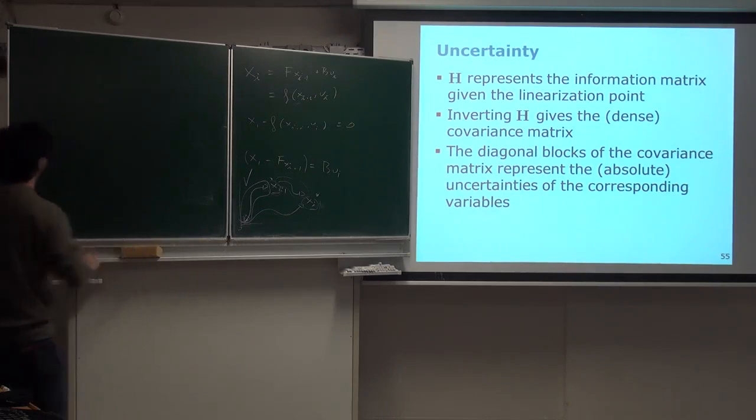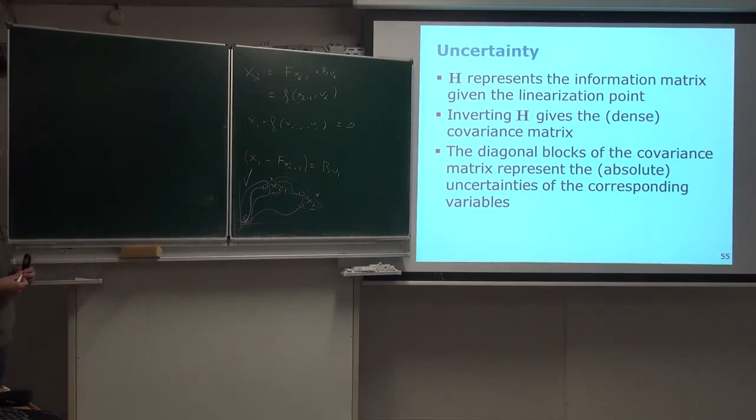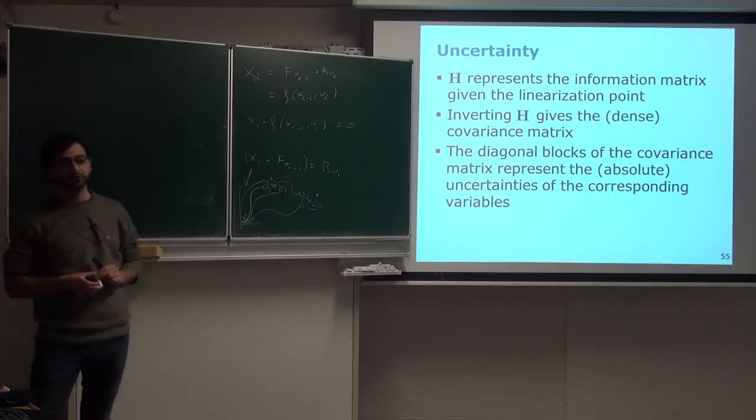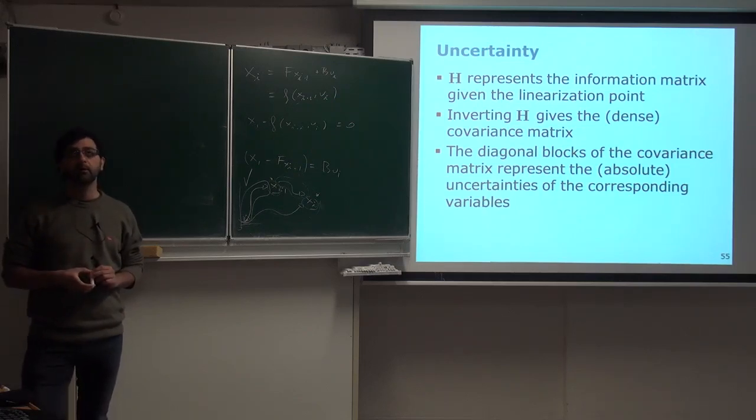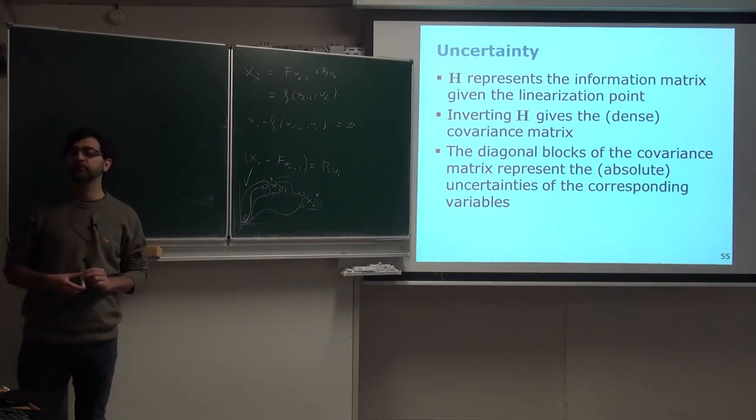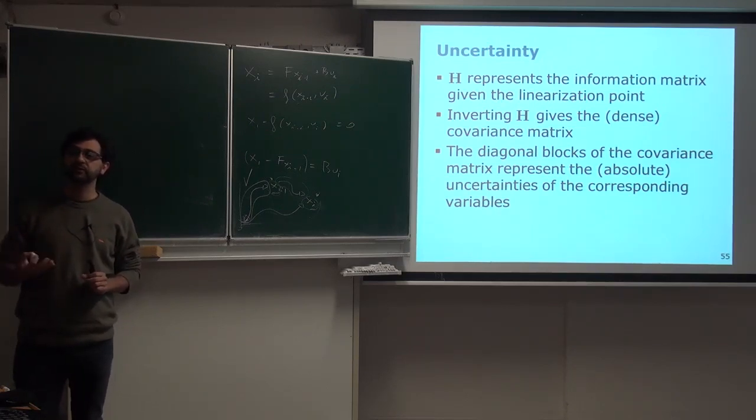So the idea here is we want to not only get a notion of where the robot was at a certain time, but also an estimate of how certain we are in telling you the robot was there at that point in time. Okay?